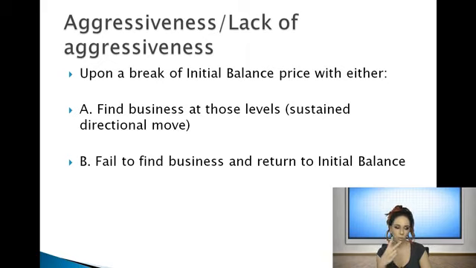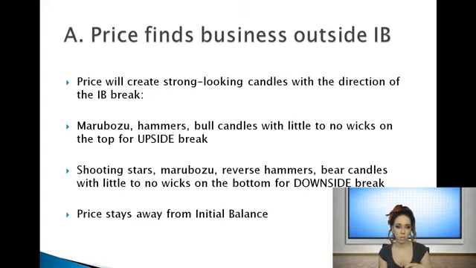So in the case that they find business outside of initial balance, we want to see a sustained move in the same direction, which can be then read through candlesticks on a 30-minute chart. And this is where your price action skills should come into a very good use. If you get a Marubozu candle, that implies that the break of initial balance is confident and strong, and you expect the direction to continue.